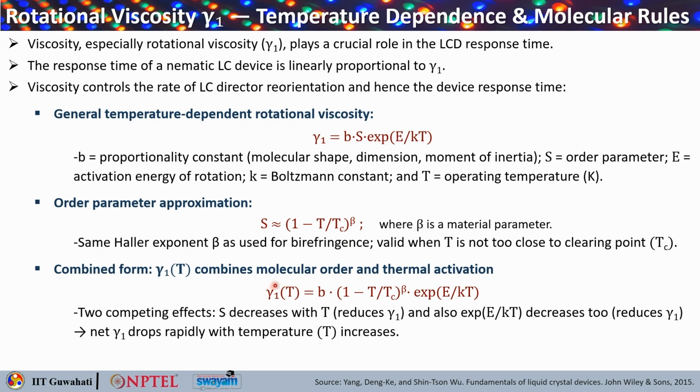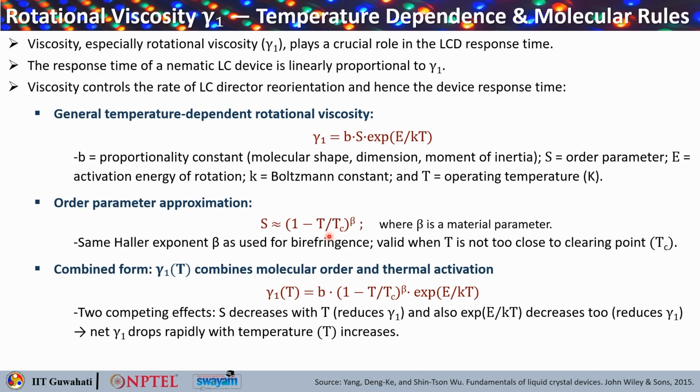Okay. So, the combined form, where gamma 1 of T basically combines the molecular order and the thermal activation, takes this kind of a form. We are basically combining these two. So, what you see here is that there are two competing effects. One is that your S decreases with T, okay.